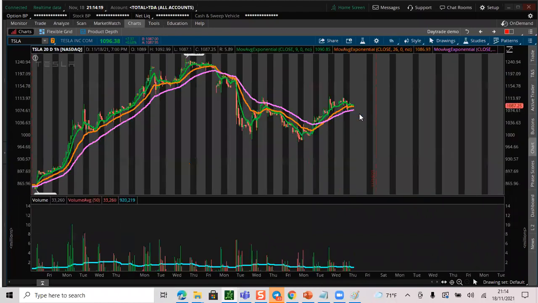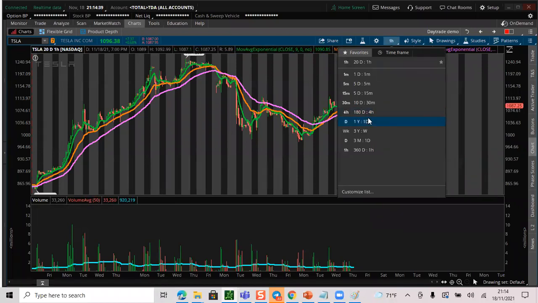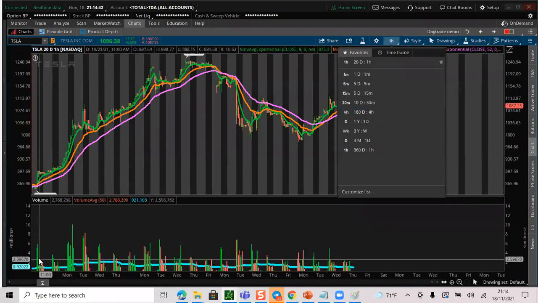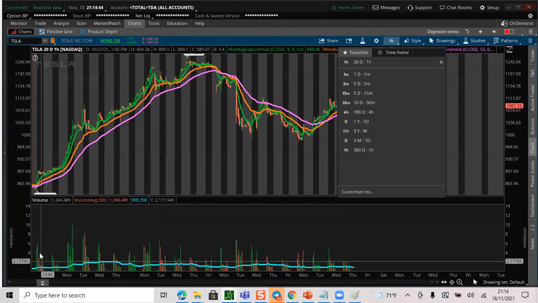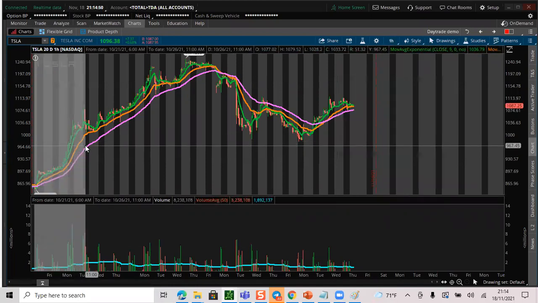So I'll just change it to an hourly. So what happened? Tesla, let's say the last 3 weeks, the stock was around 865. If you just see these regular candles, you can only see that on an hourly candle, the stock is having a huge volume, right? Especially in the morning, the first 2 hours, the stock is having huge volume.